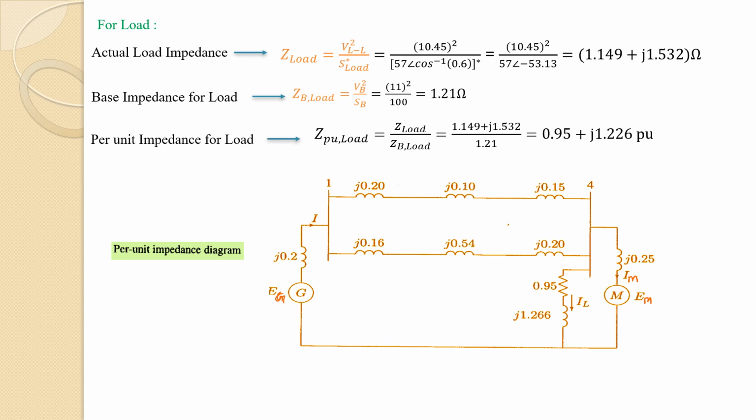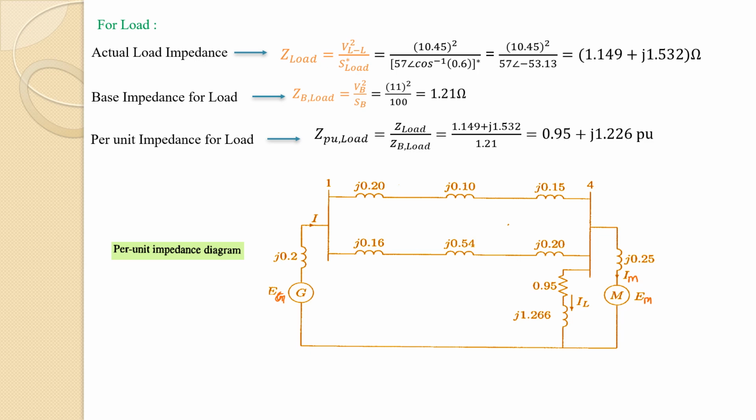So when we take the conjugate of this, we can write this as 10.45 kV square divided by 57, and the angle, cos inverse 0.6, gives us minus 53.13 degrees, and this gives us the two values on the two coordinates as 1.149 plus j1.532 ohms.